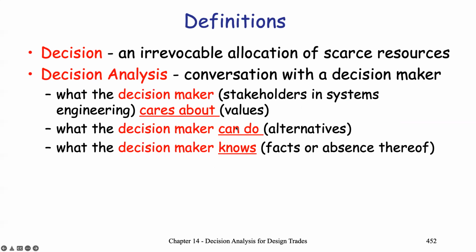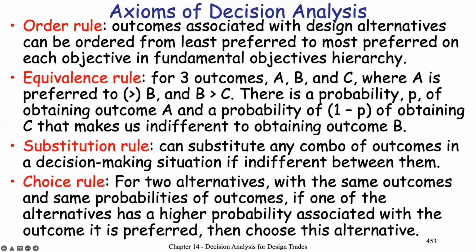So that's getting into values, what the decision maker can do, discussing the alternatives, and what the decision maker knows, the facts or absence thereof. And if there's not as many facts as one might know about the unknowns, then there's going to have to be a more conservative type of design. So you can see how that's going to impact things.